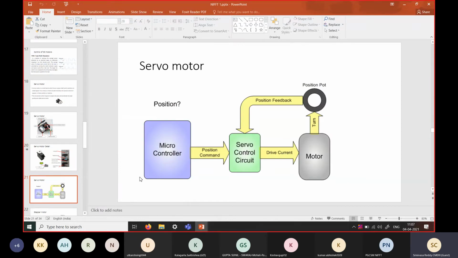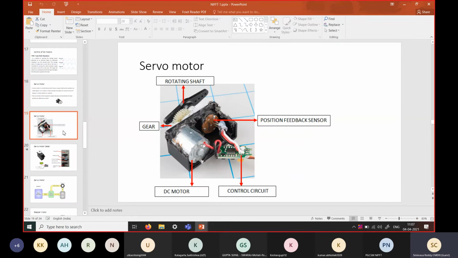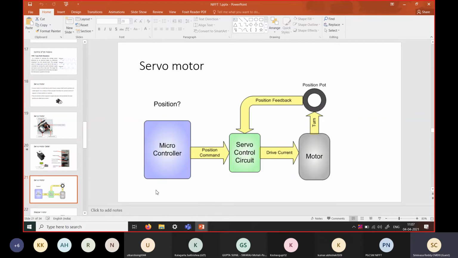Now we can understand better after seeing the construction of the motor. Say the microcontroller is commanding the position that is communicated to the servo controller unit. Now the desired position and the actual position are compared, where the actual position is read from the position port, that is a potentiometer, which will read the position of the shaft.